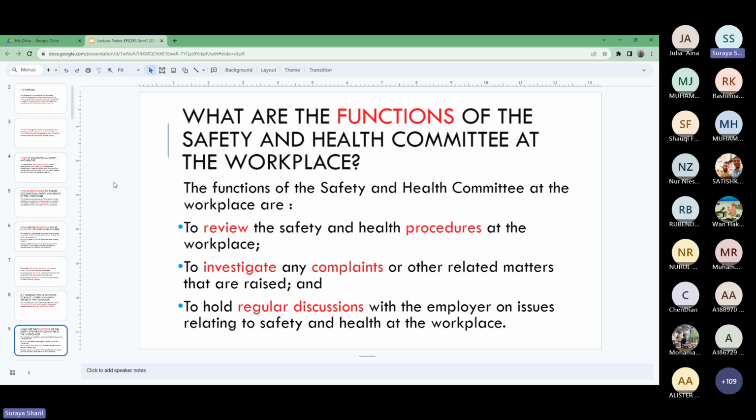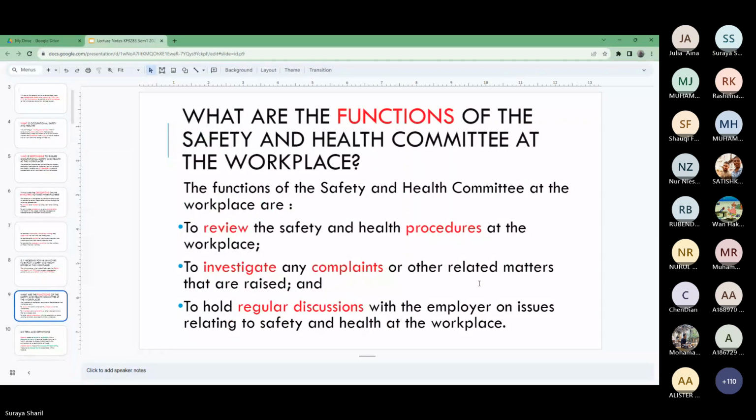So as an employer, they should provide a mechanism for that. And next is to hold a regular discussion with the employer on issues relating to safety and health at the workplace. So any organization, especially a big company or big institution, even UKM itself, has a regular audit in terms of health and safety.